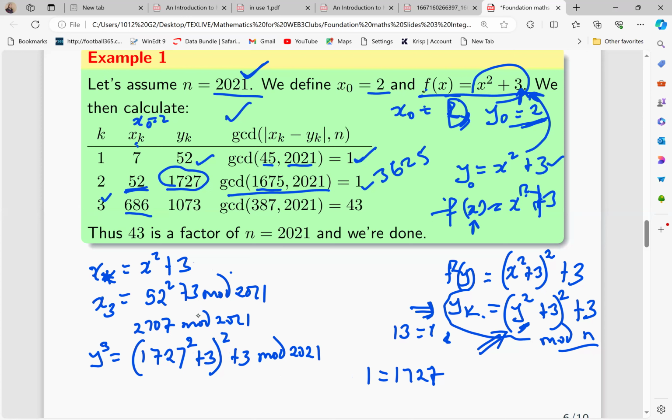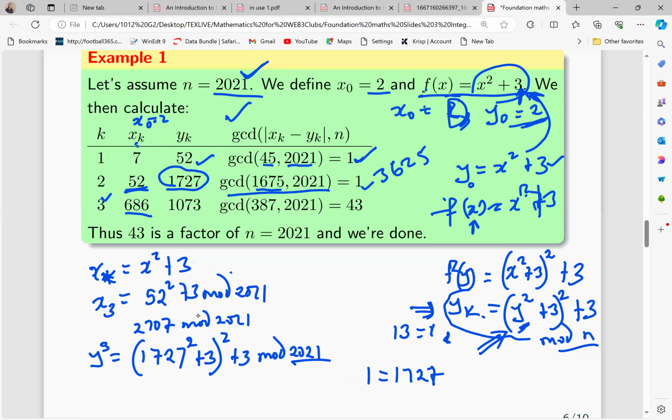1727 squared is 2,982,529. That's a very huge number. Let me reduce it mod 2021. So let me divide by 2021. There are 1475 times.